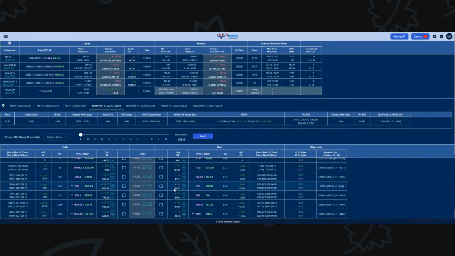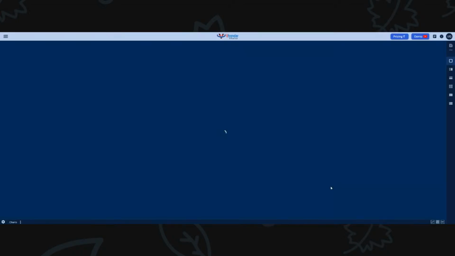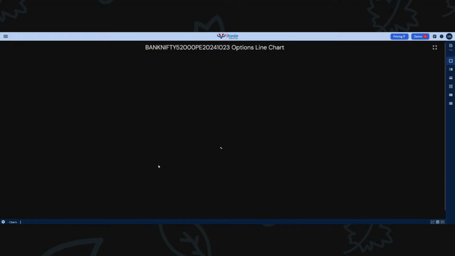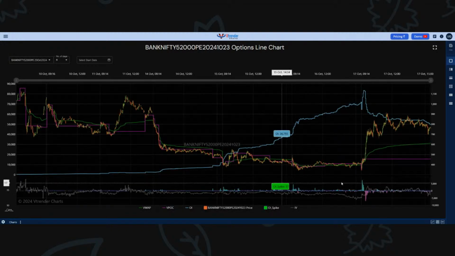So we then can have a chart of that option open, the line chart, and see what could be our probable objectives. So here you can see the VWAP and the POC was at 410, yesterday's POC and VWAP. And if we look at the last 6 days and see what the higher objectives were, we will be able to clearly know what our targets would be.